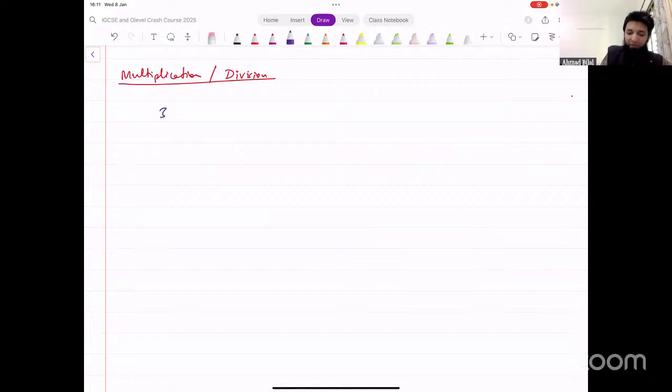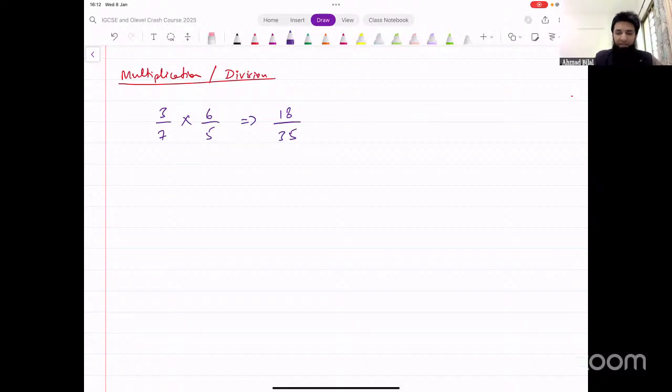If we have, for instance, 3/7 multiplied by 6/5, how are these fractions going to be multiplied? We just multiply the corresponding numerators and denominators. Multiply the numerator with the numerator, multiply the denominator with the denominator. So 3 times 6, what's that? That is 18. 7 times 5, what is that? That is 35. So you get 18 over 35 from this. That's how you do multiplication.